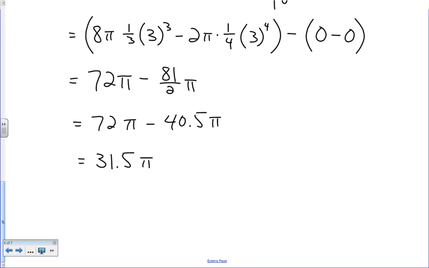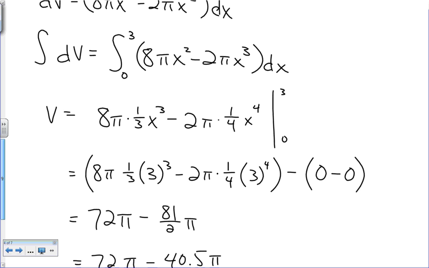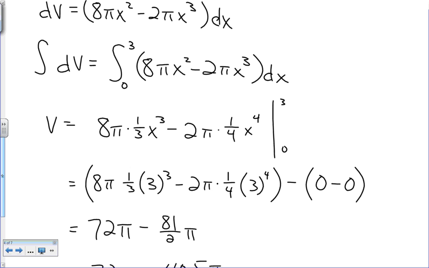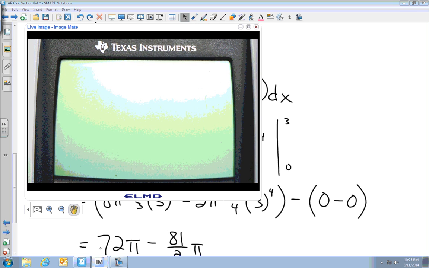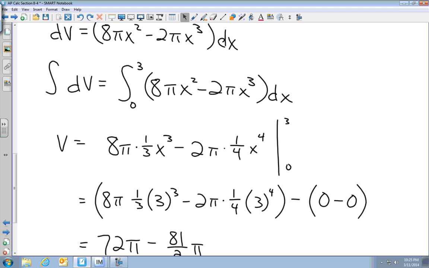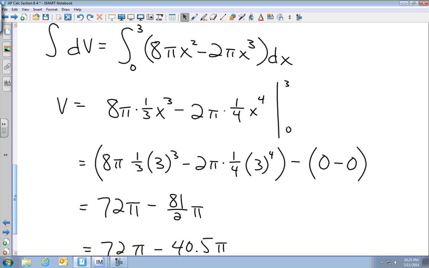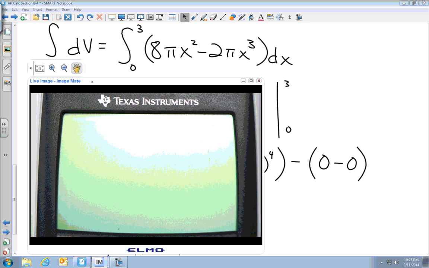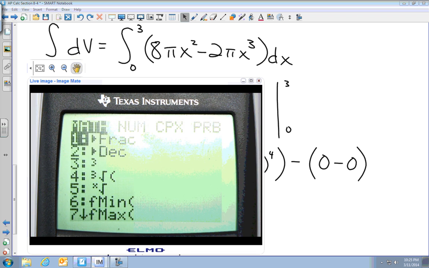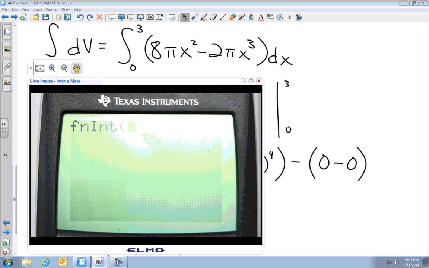Now if you want to double check your answer, we can go back up to the original, and I mentioned we could use numerical integration. I'm going to show you to remind you how we do that. So, let me put the original up here so I can see it. All right, on our calculator, we'll punch in that numerical integral under your math menu. You can find it, FNINT.